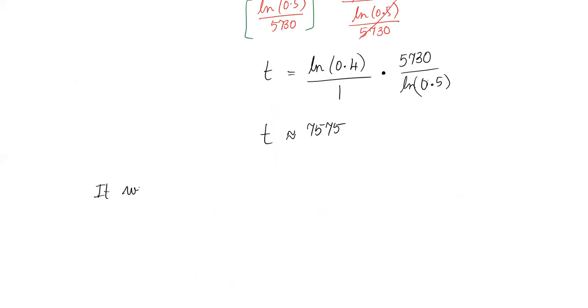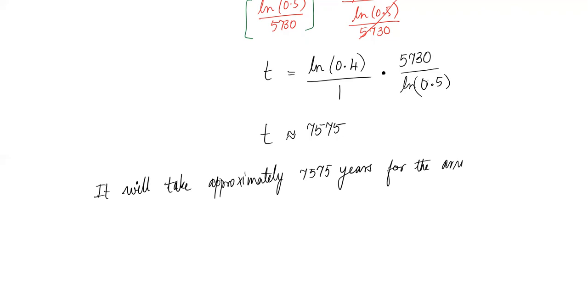It will take approximately 7575 years for the amount of carbon-14 to reach 40% of its original levels.